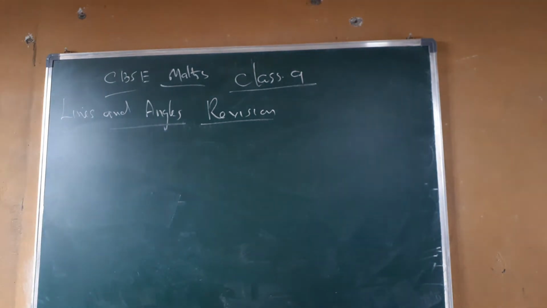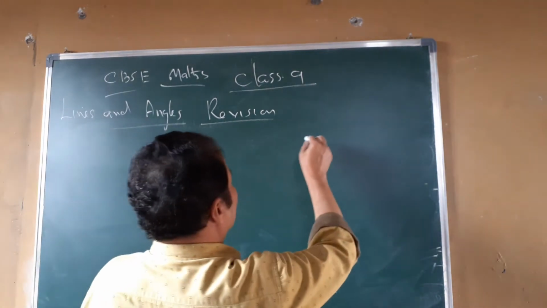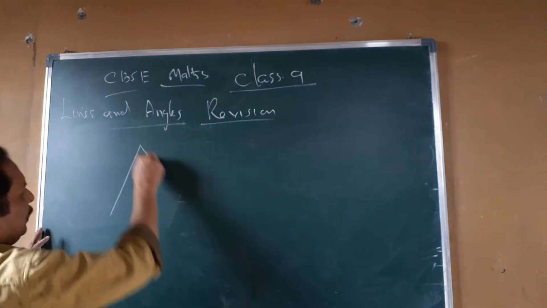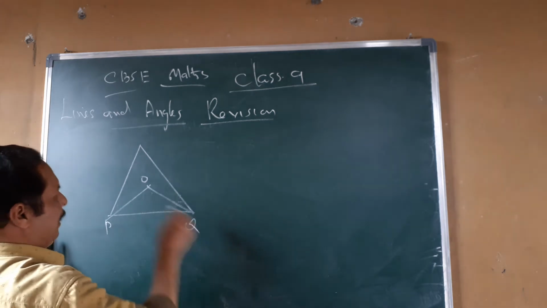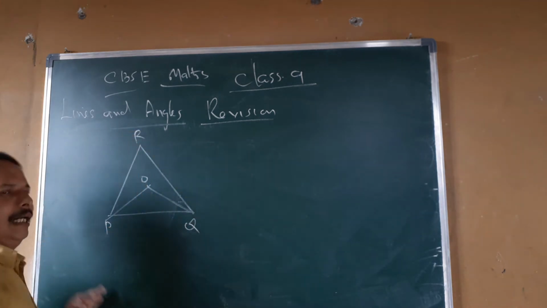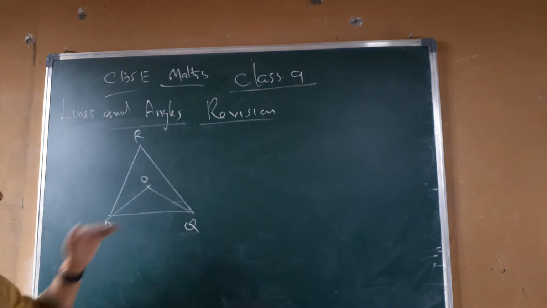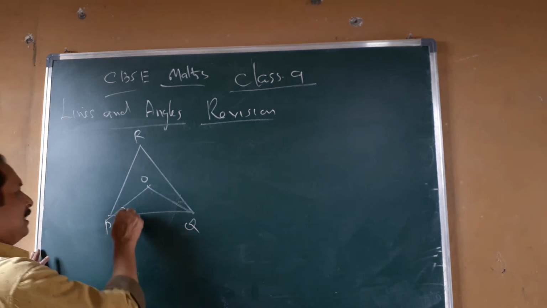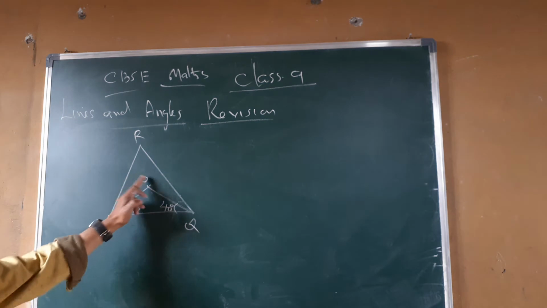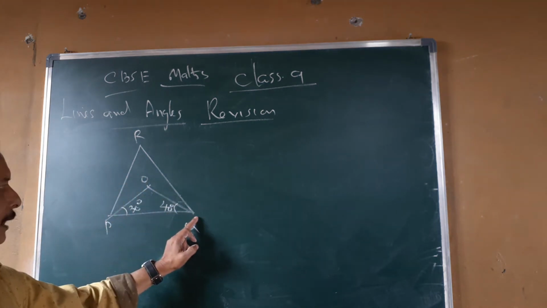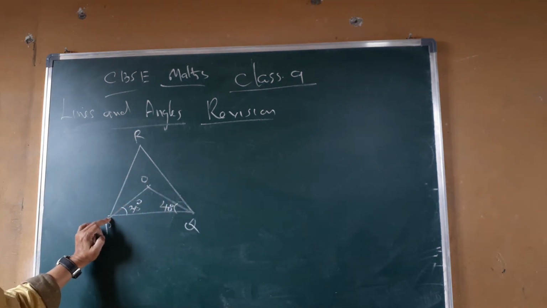Okay, next look here. You studied angle bisectors and the problems also. Now in the figure, OP and OQ are angle bisectors of angle P and angle Q respectively, and it is given angle OPQ equal to 30 degree, angle OQP equal to 40 degree.